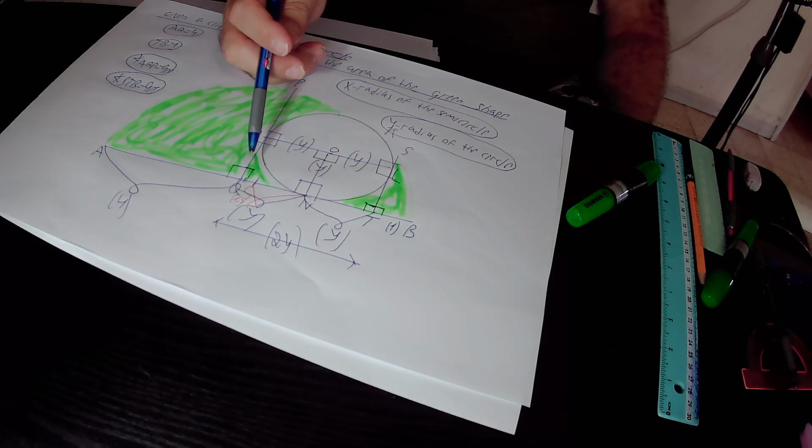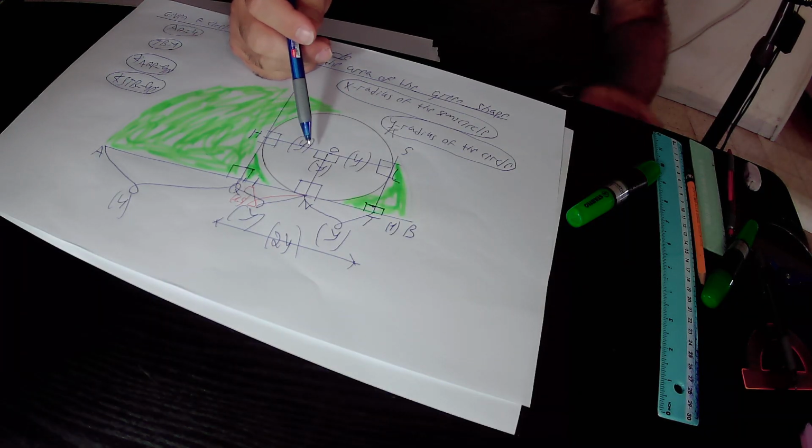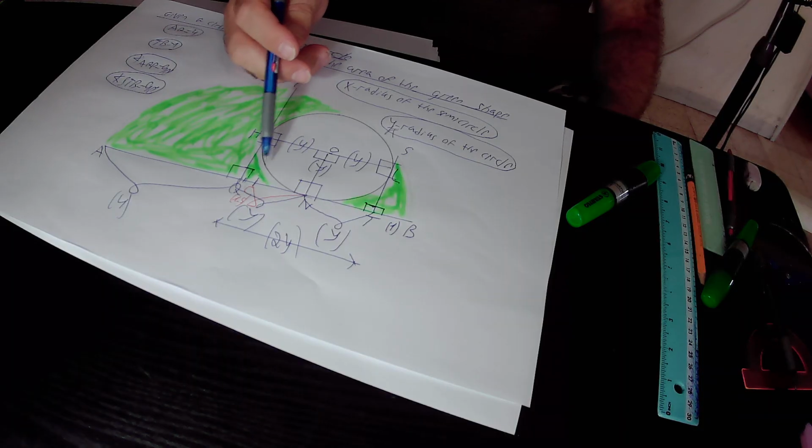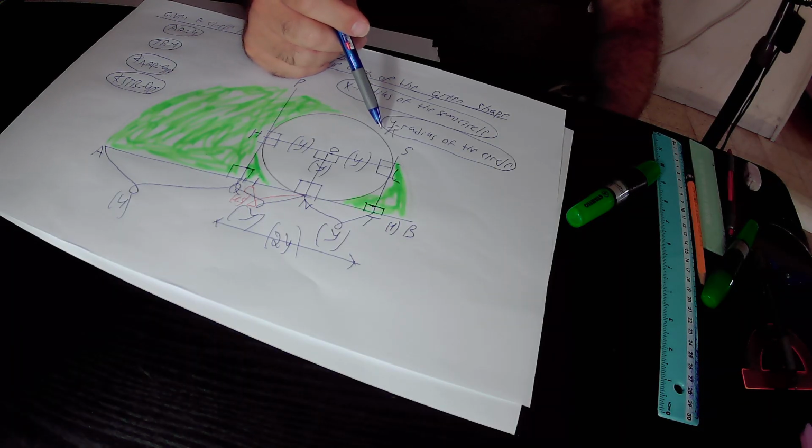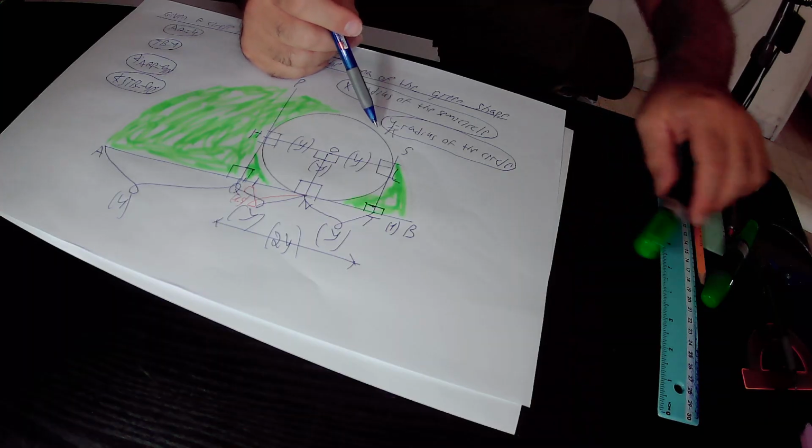So we join points C and O together by a straight line.